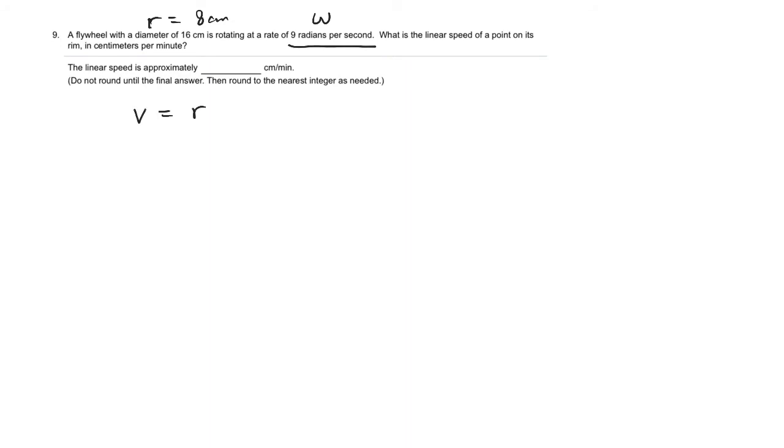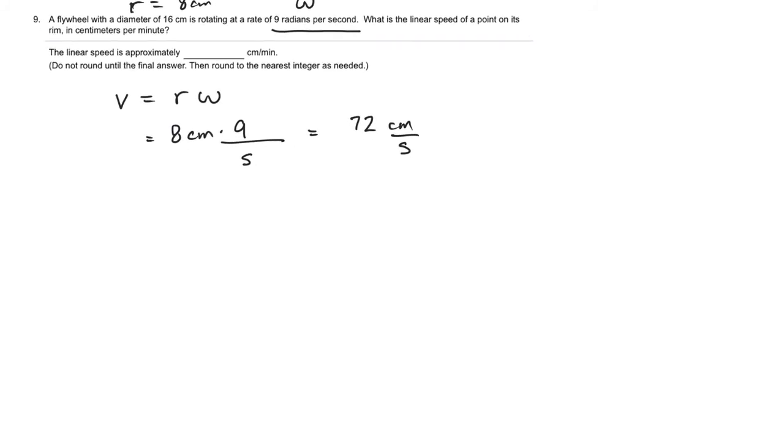Velocity is equal to the radius times the angular speed. Radius is 8 centimeters. Angular speed is 9 rads per second. I think that's good. So 8 times 9, 72 centimeters per second. Oh, they want it in centimeters per minute.